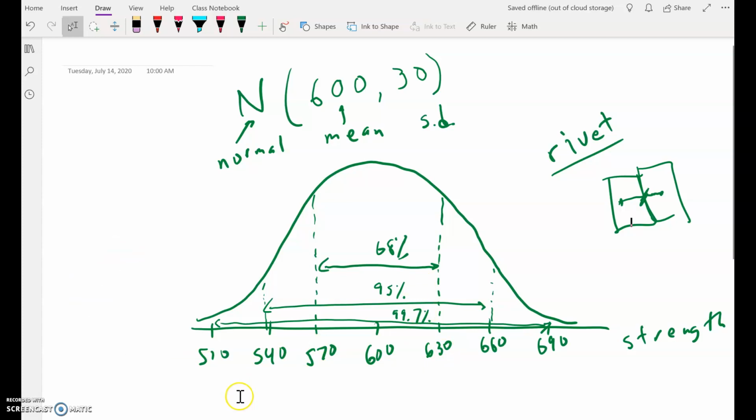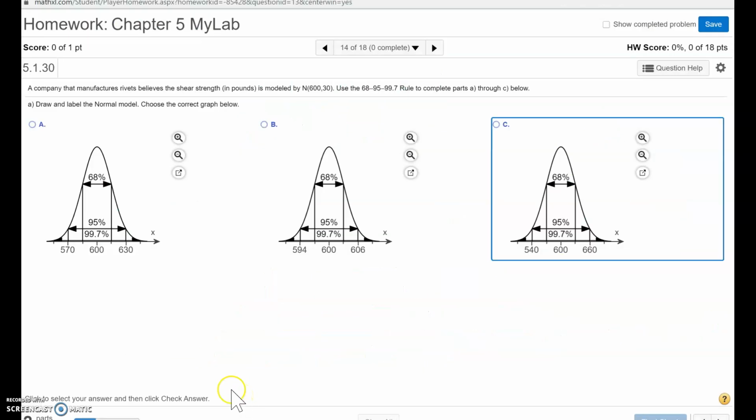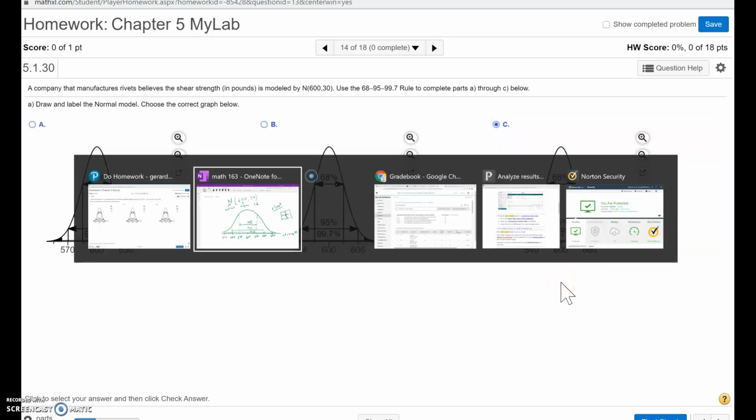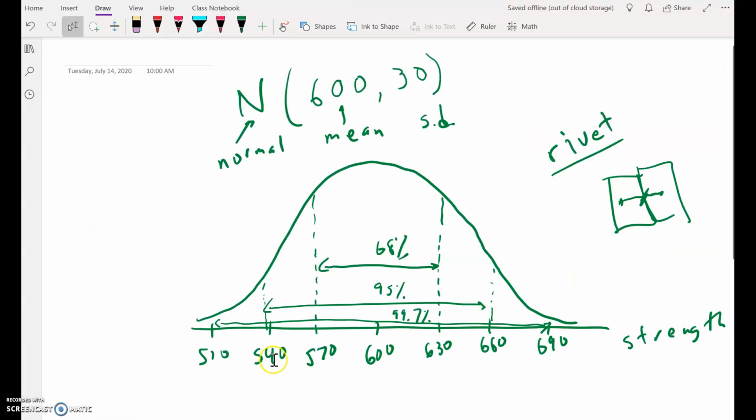That's 68%. So A is not the correct choice. What about B? 95% between 594 and 606. No, that's not right. The correct choice is option C, because I can see 95% of the rivets are between 540 and 660 pounds. If you go back to our drawing, sure enough, 540, 660.